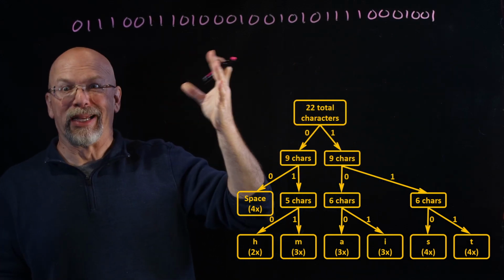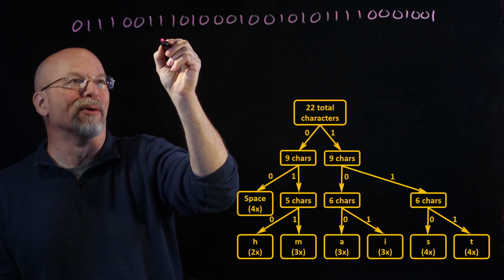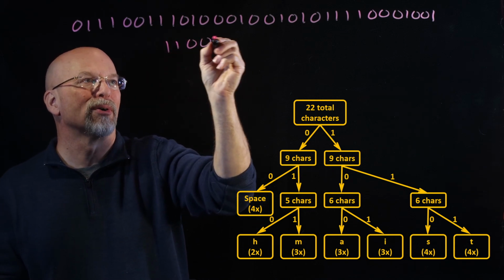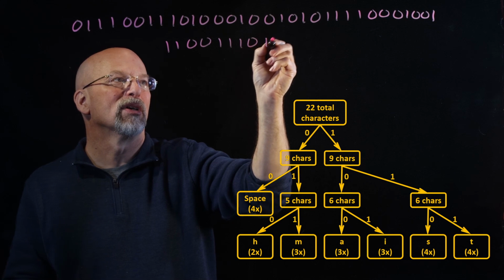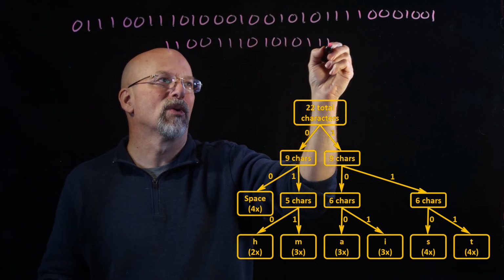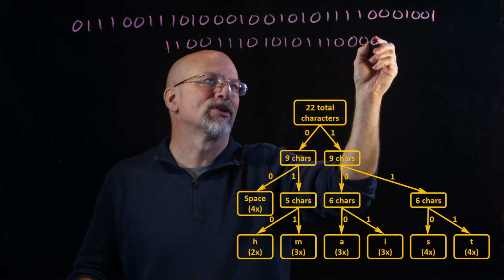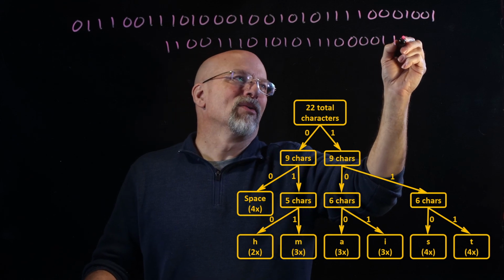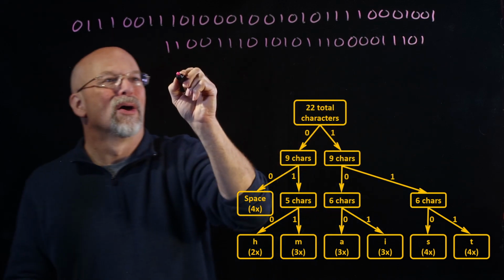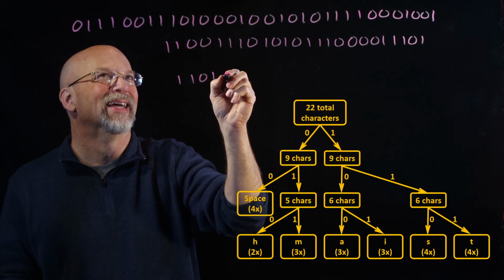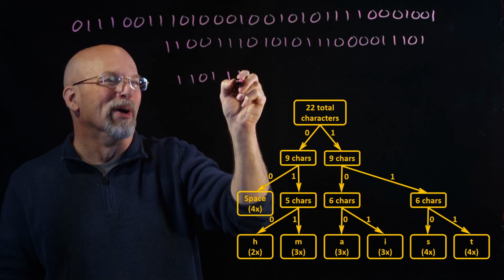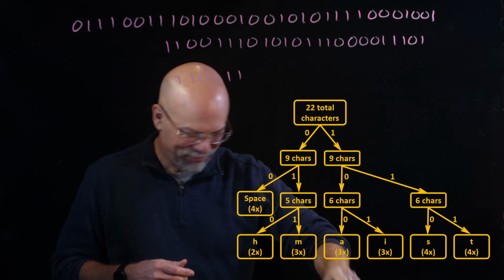And I'm probably breaking in the middle of a character here, but here we go. 1, 1, 0, 0, 1, 1, 1, 0, 1, 0, 1, 0, 1, 1, 1, 0, 0, 0, 0, 1, 1, 1, 0, 1, 1, 1, 0, 1, 1, 1. There we go. There's our string.